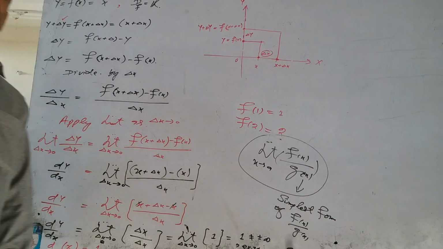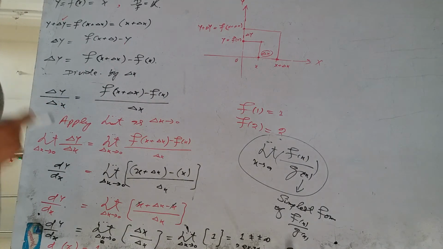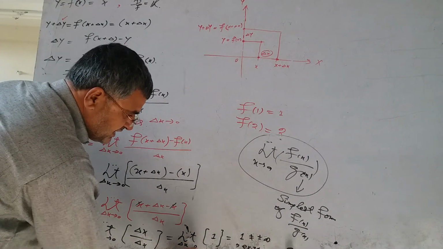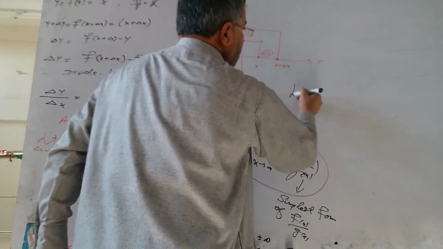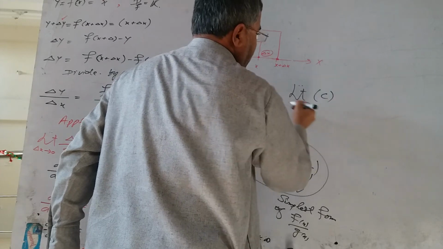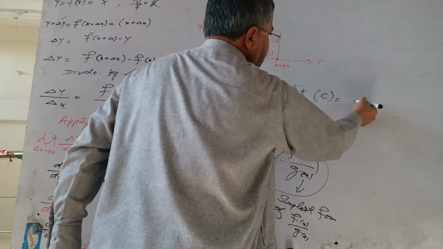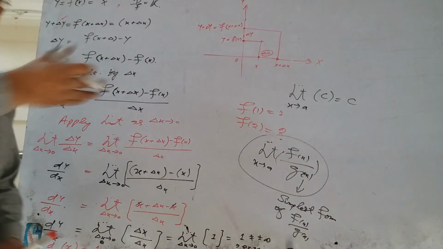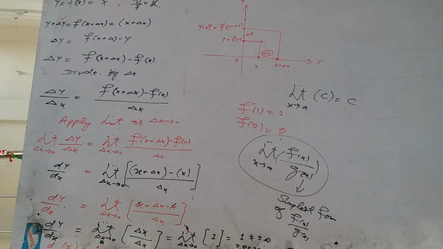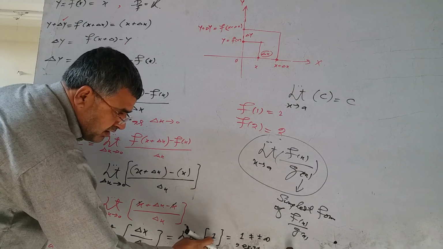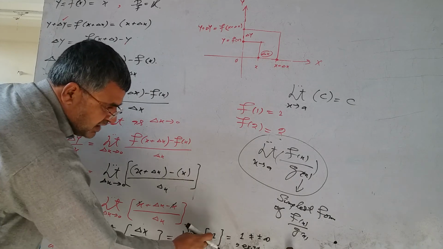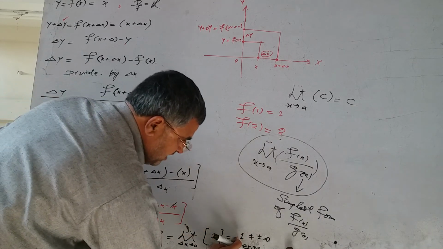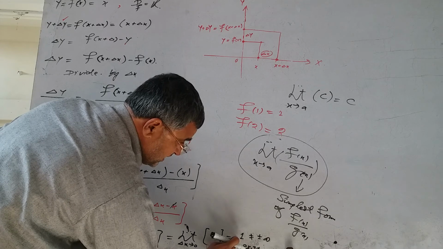And according to the definition of the limit of a constant function, the limit of a constant function is equal to the same constant. That is, when we apply the limit on any constant function c, the result is again the same constant c. As this is the constant function 1, the limit of this function is equal to the same constant 1.